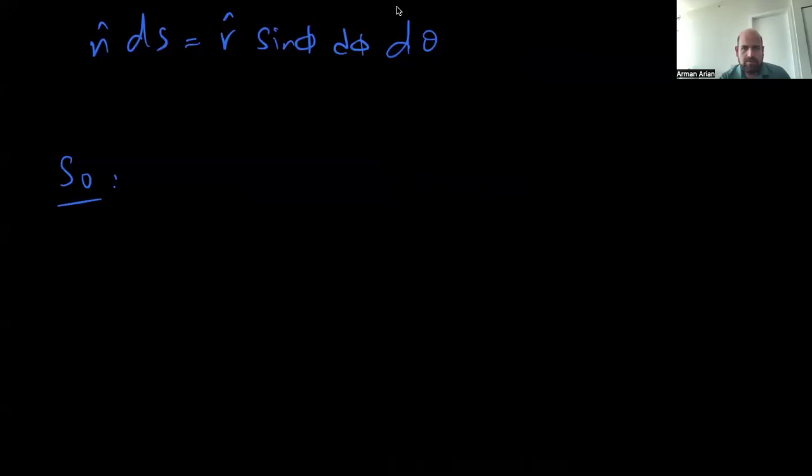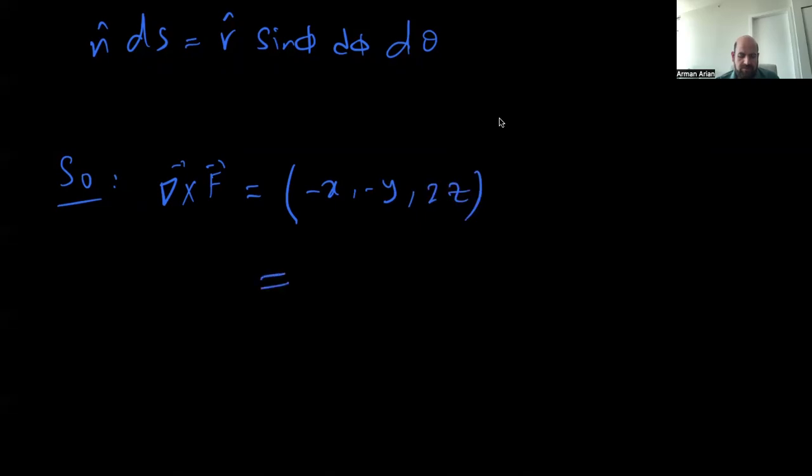Curl of f becomes, so we had minus x, minus y, and 2z. And we knew that x was sine phi cos theta, y was sine phi sine theta, and z was cos phi.